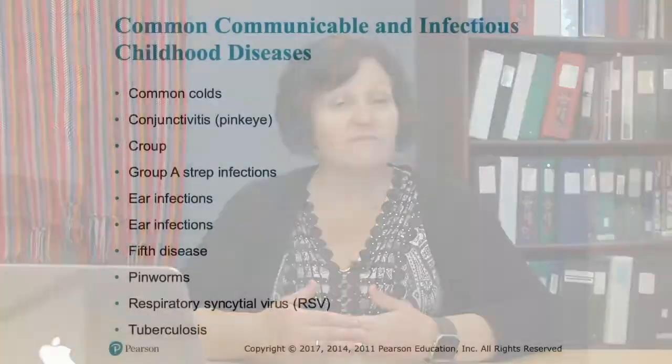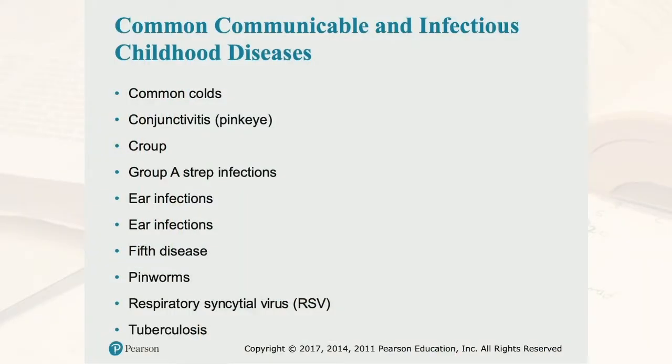Some other common communicable illnesses and infections in childhood that we see a lot, and when I go through this list, I can tell you that we probably see all of the list throughout the winter months in a daycare center. So colds, pink eye, croup, which for children is like laryngitis. It's similar to laryngitis. For us as adults, we get laryngitis, children get croup.